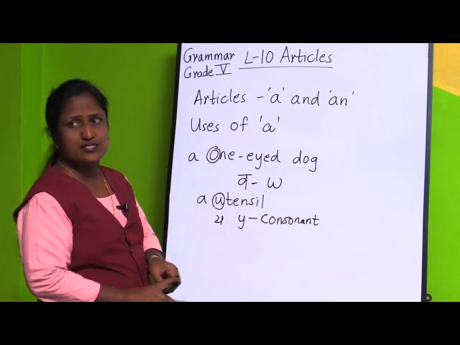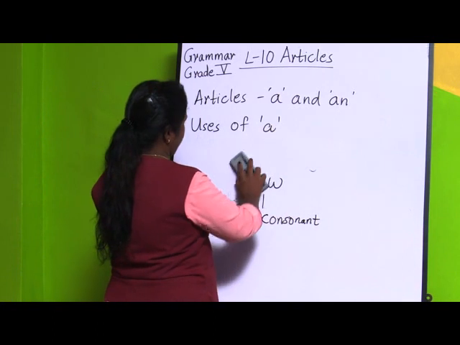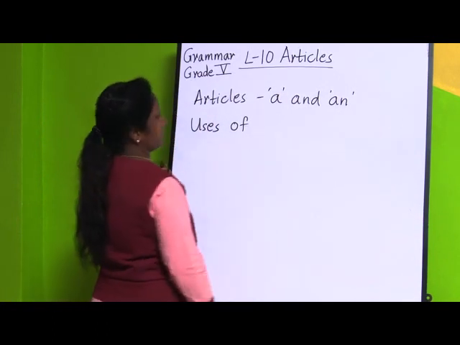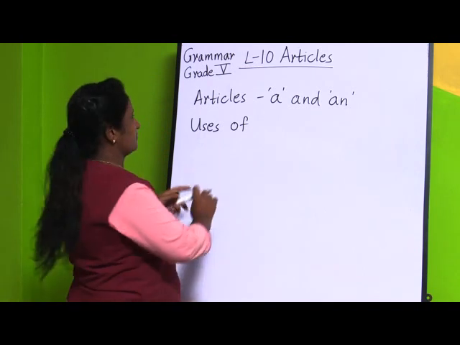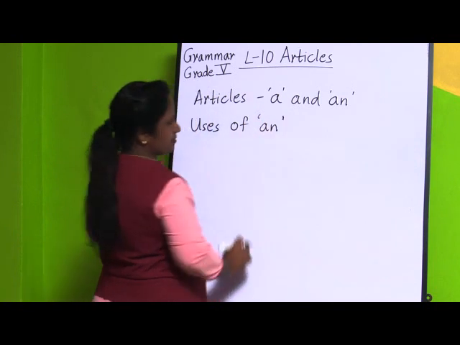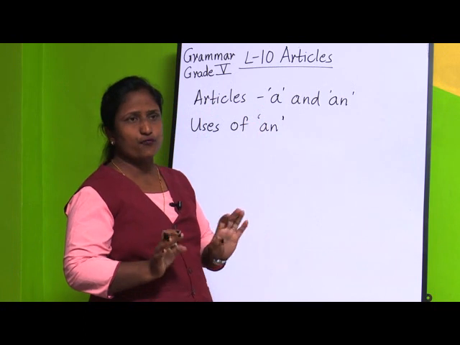Now next is uses of an. When we are going to use the article an, we use an before a word beginning with a vowel sound.